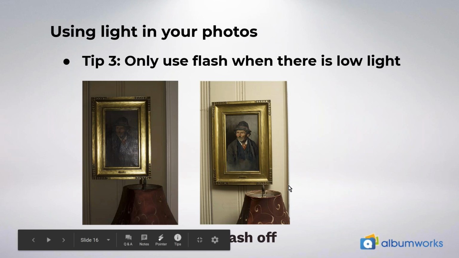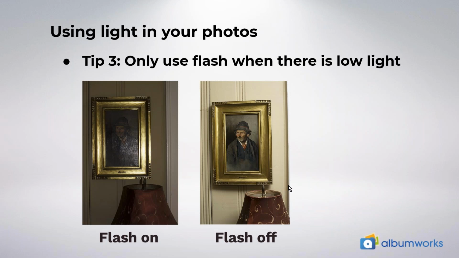Next tip is to only use the flash when there is low light. Cameras have come a long way recently, so you're most likely using an up-to-date camera that has inbuilt flash sensor technology. Even in relatively low light, digital cameras can take a decent photo, so you'll only ever need to turn the flash on when it's really dark.